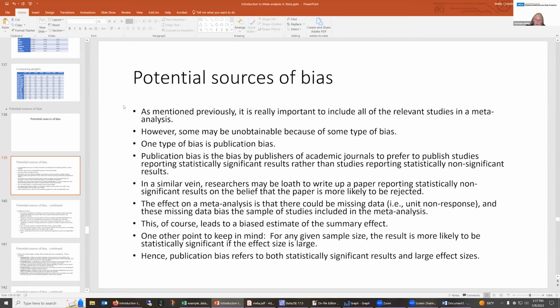So this, of course, could lead to biased estimates of your summary effect, especially if the reason that there wasn't a statistically significant result is that the effect size was estimated to be small. For any given sample size, it's more likely the result will be statistically significant if the effect size is larger. So the problem is those studies that estimate a small effect size.